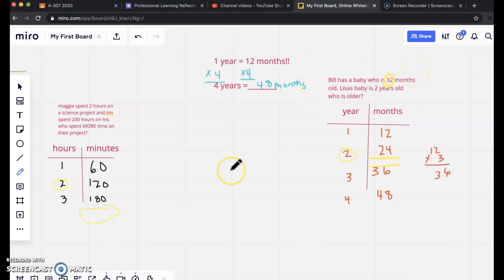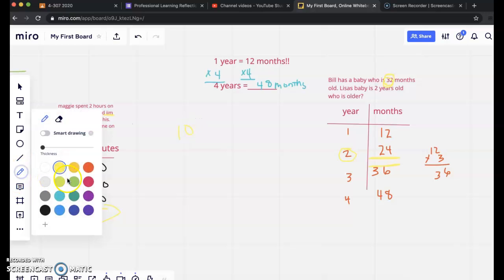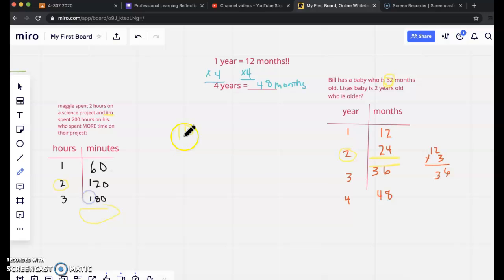So that's another question that you can ask, and you could do the same thing. Now, knowing that, you can figure out how many months old you are. So let's take a look. Most of you are 10 years old, right? And we know that there's 12 months in a year. So 10 times 12, you are 120 months old. Pretty neat. What about me?